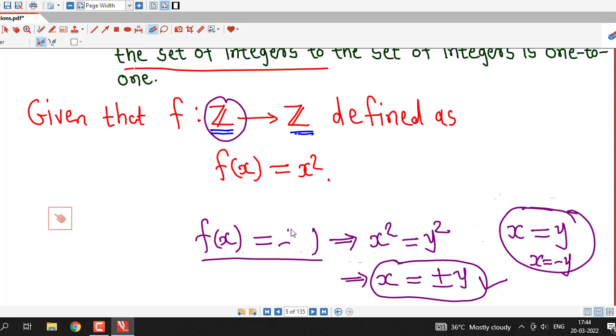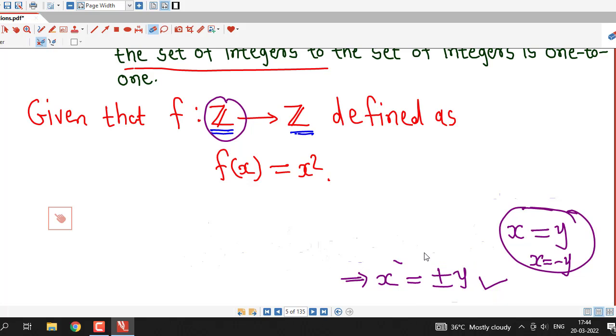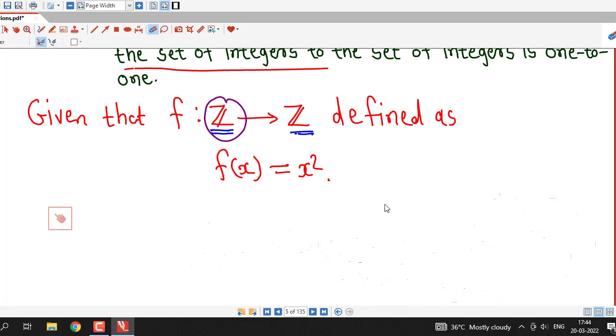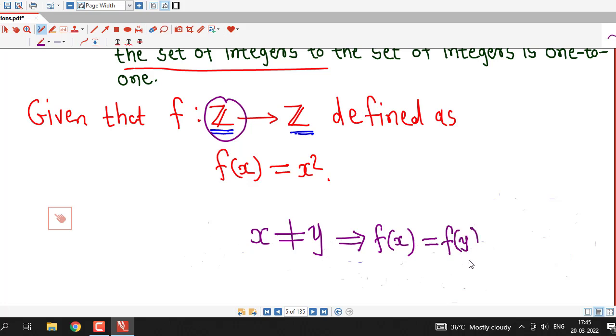So now we are having doubt that the function may not be one-to-one. If the function is not one-to-one, then we must have at least one pair of x and y such that x is not equal to y but f(x) equal to f(y). If the function is one-to-one, then the condition must be satisfied for all possible values of x and y.